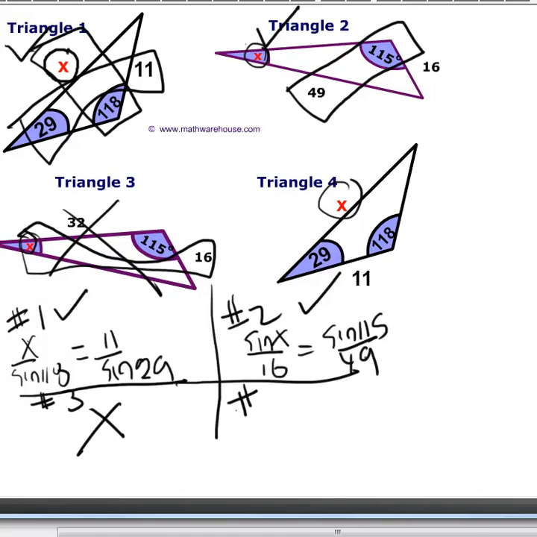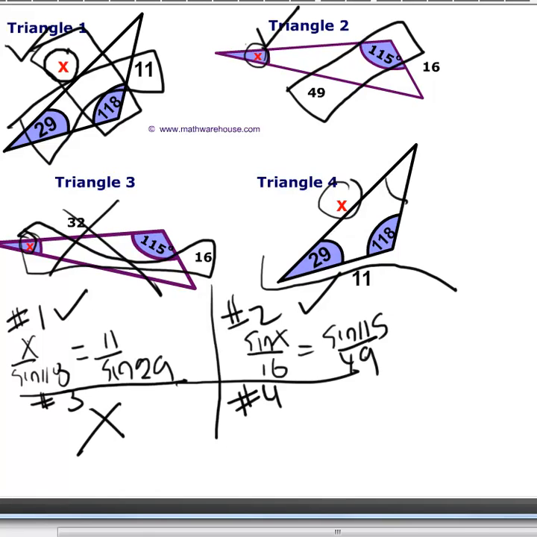Now let's do one more, triangle 4. Alright, we're trying to find x. We know the angle opposite of it. We also know side 11. We do not know its opposite angle. We know the angle on the bottom left here is 29 degrees, but we don't know its opposite side. This, though, can indeed work.